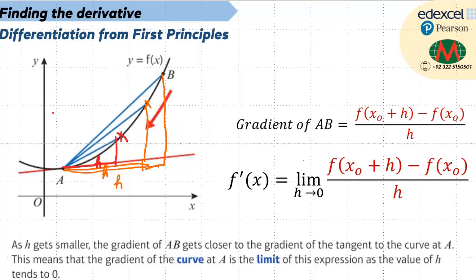So when it gets closer to A, this h will become so small that we can say it will be very close to 0. It will not be 0, but it will be very close to 0. When B comes closer to A, this h becomes smaller and smaller, so small that it comes close to 0.